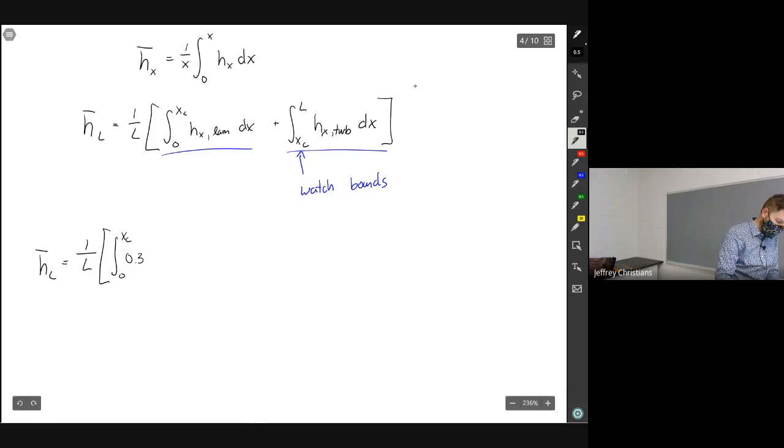Our model for the laminar part is 0.0332 times KF.